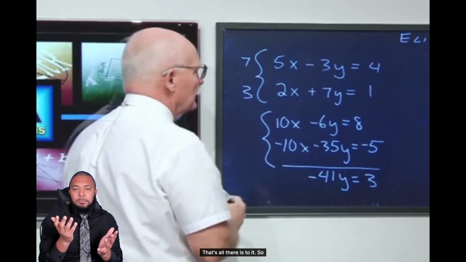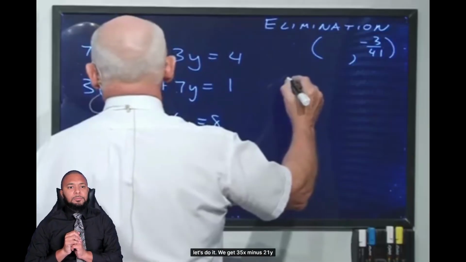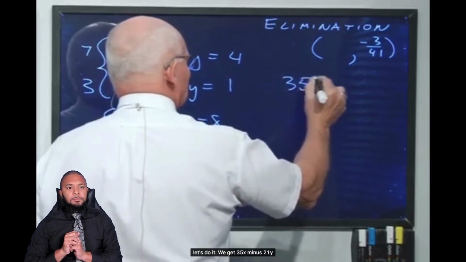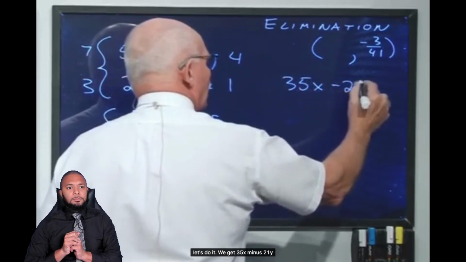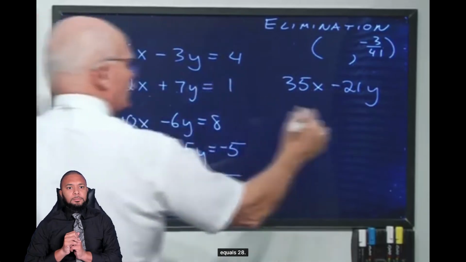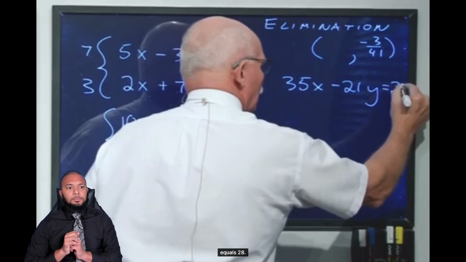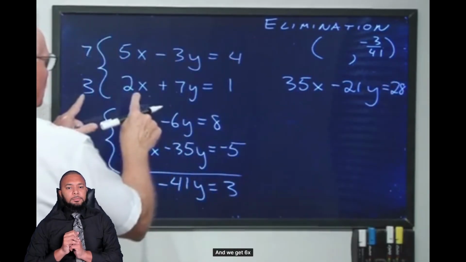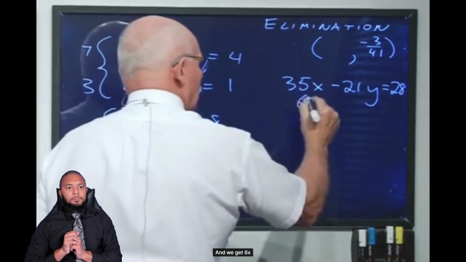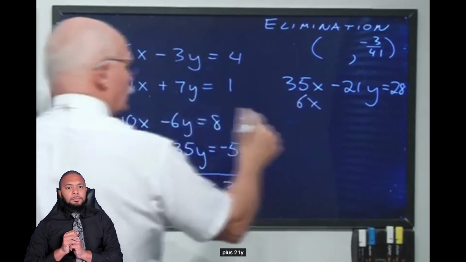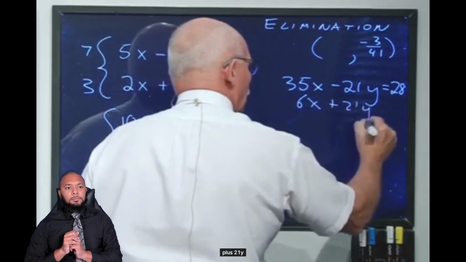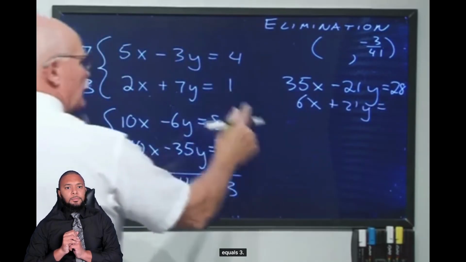That's all there is to it. So let's do it. We get 35x minus 21y equals 28. And we get 6x plus 21y equals 3.